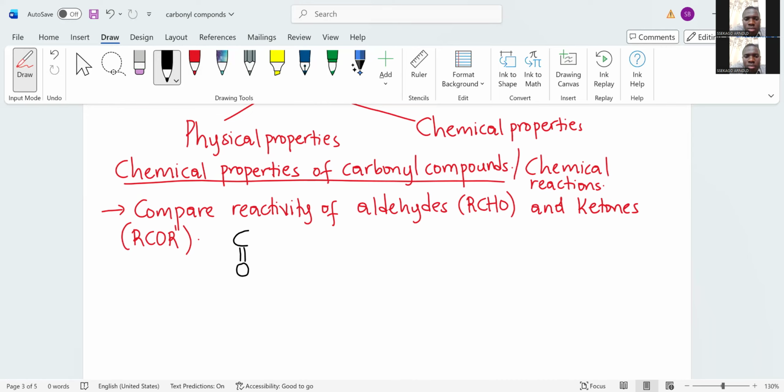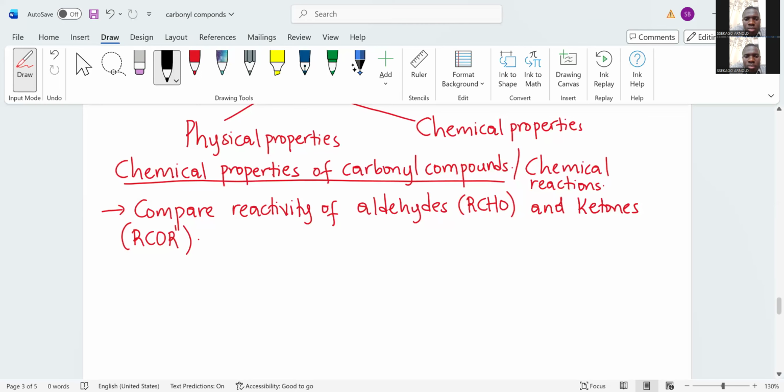If we are to discuss their chemical properties, basically we are dealing with reactions of this carbonyl functional group, meaning that there are some reactions which are undergone by the two classes. And since both of them are composed of the carbonyl functional group, it is important to explore how the two classes will behave towards those reactions.